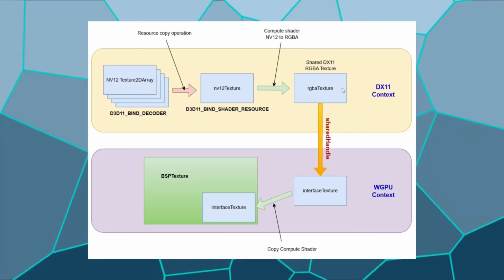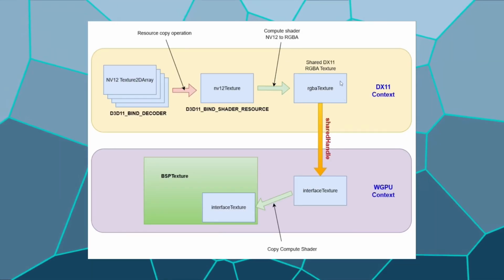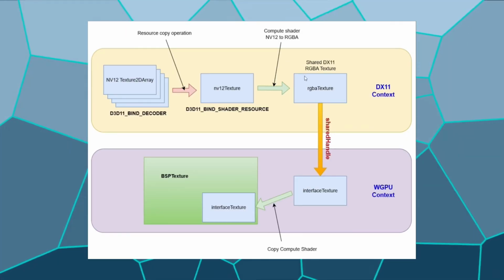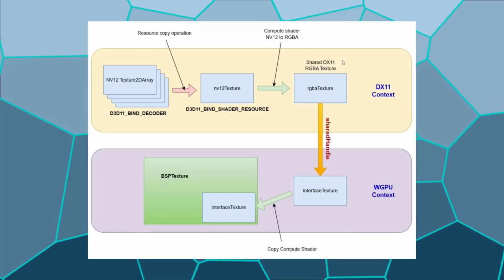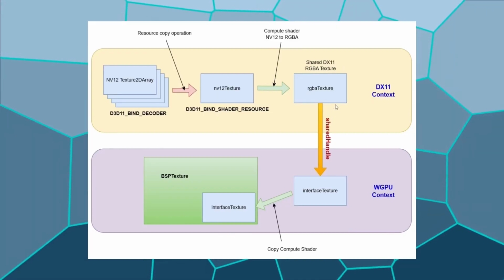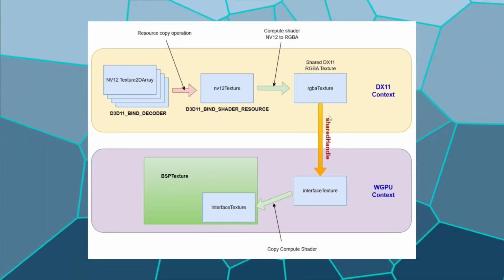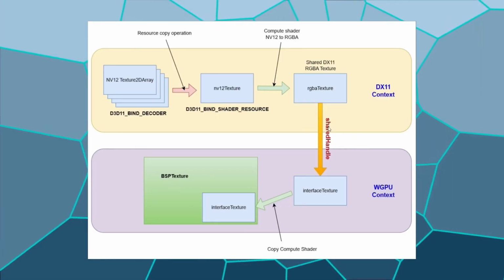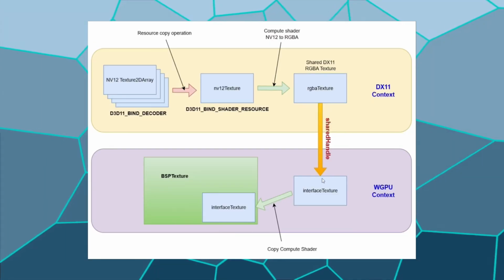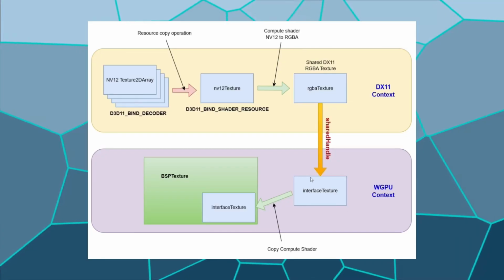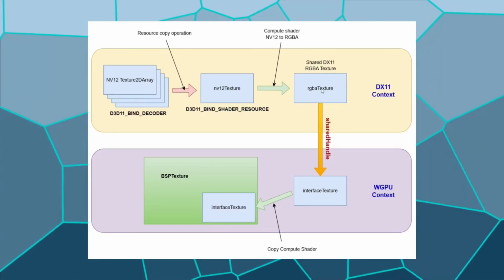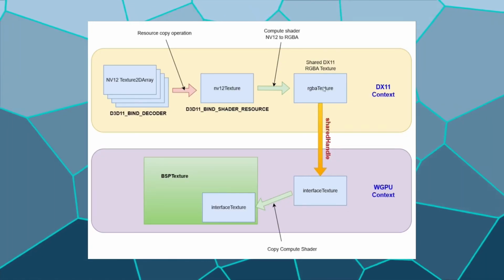But the output texture here, when we created it, we made sure that it would also be a shared resource that we could use in another context. So we have a shared handle for this texture. The next step then is to use this shared handle to create the interface texture, which corresponds to the memory block where we have the data for this DirectX 11 texture.